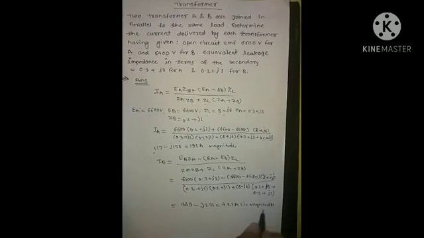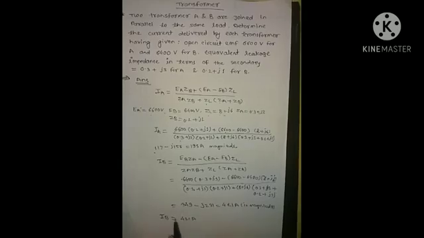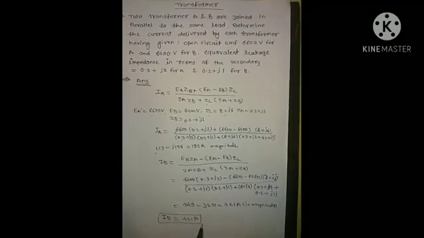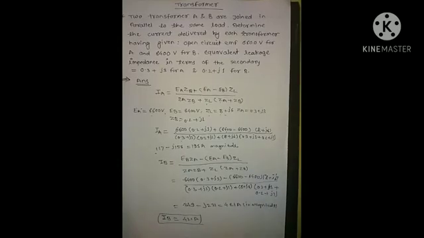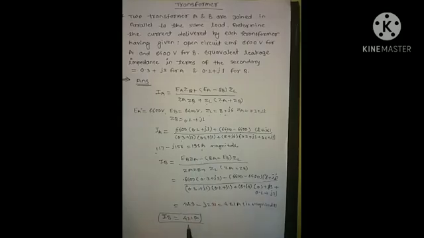That means the magnitude of the current of transformer B is 421 ampere. This is the solution for the current delivered by each transformer: this is the current delivered by transformer A and this is the current delivered by transformer B.